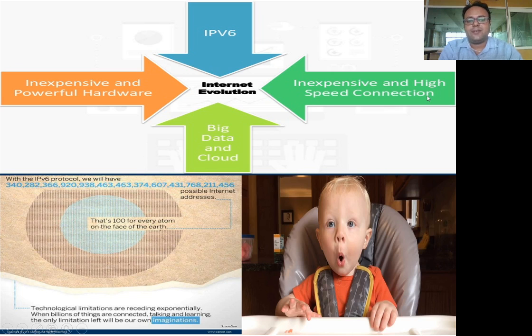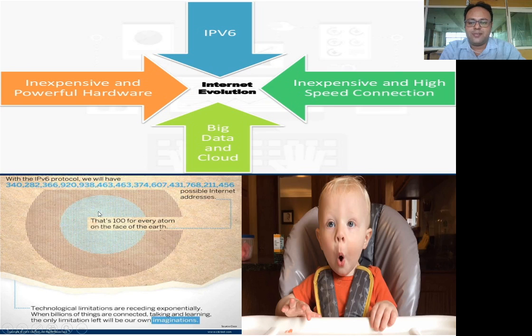With this, connectivity and performance were a concern, and lots and lots of data were also being generated. So the concept of cloud computing was also integrated at a later stage with the Internet of Things concept.